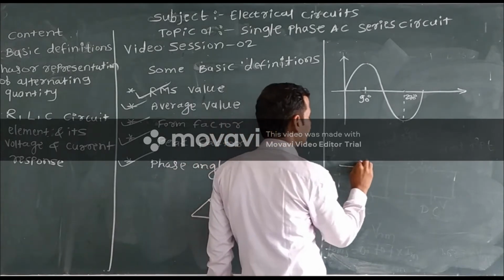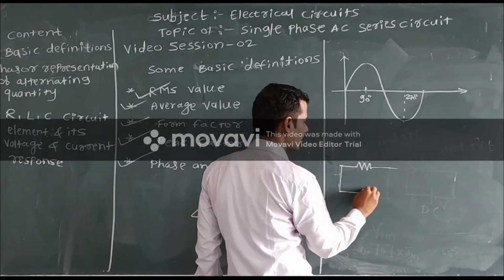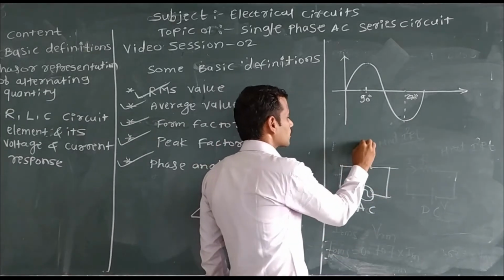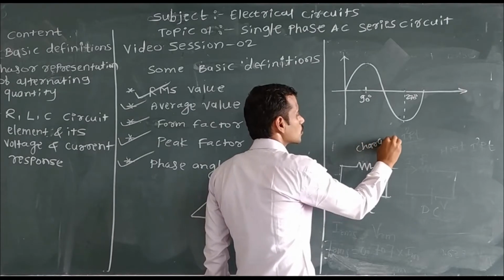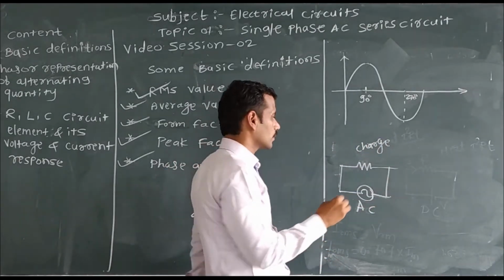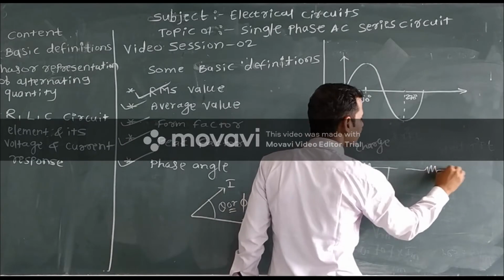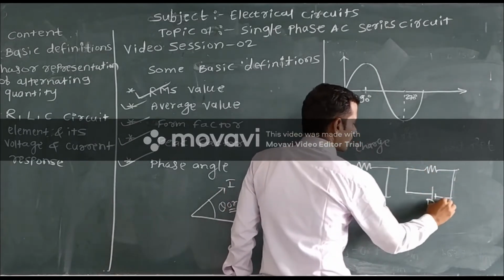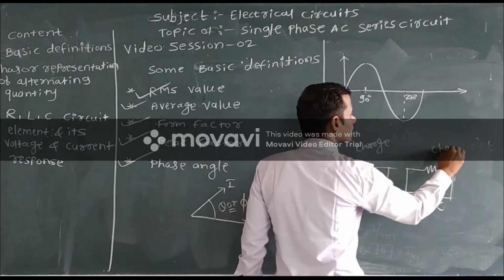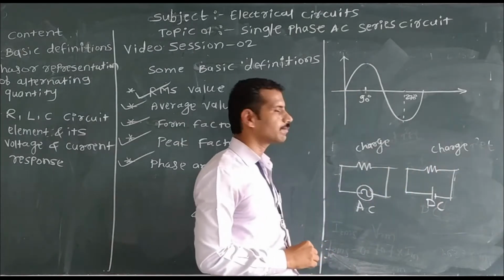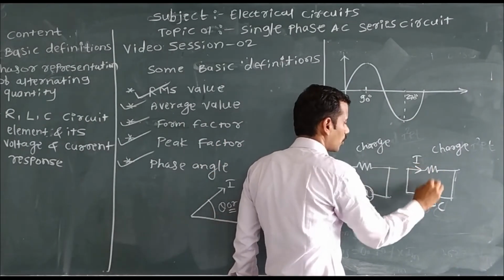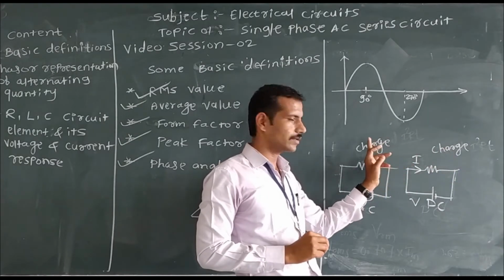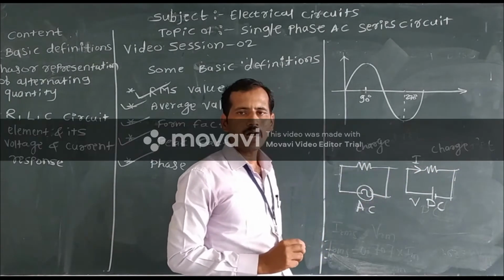Again we take the same resistor and give AC supply, so charge will be transferred. I want to transfer the same amount of charge, so I take the same device and give DC supply. Whatever current or voltage is required to transfer the same amount of charge as transferred by the AC quantity, that is known as average value.